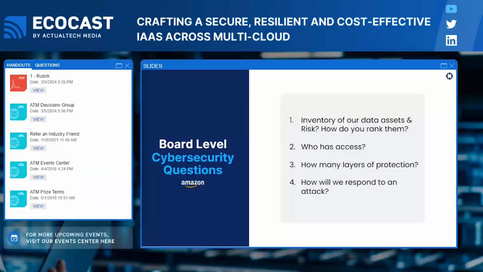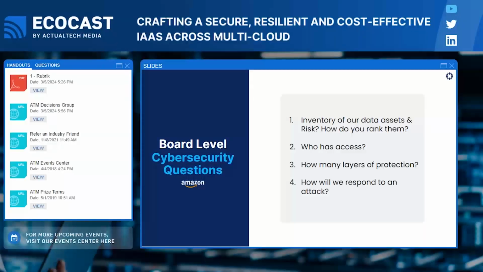If you look at the article, I think there's about 7 of these, but really what it boils down to is, first and foremost, what's out in your environment? How do you understand that? What is the risk associated with those? And then from there, who has access? How many layers of protection? If we're attacked, how do I respond? All of these are very simple questions that aren't any mind-blowing technical conversation piece.